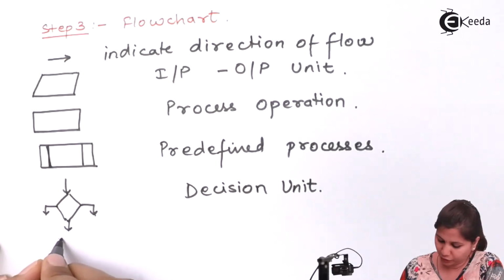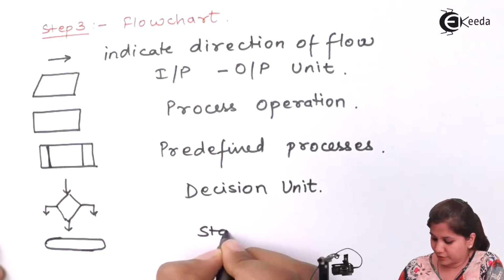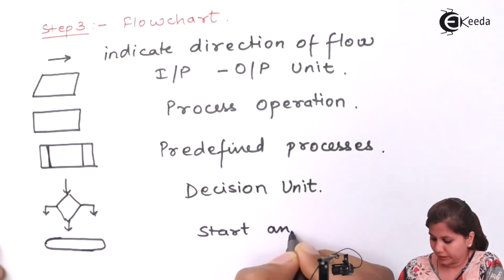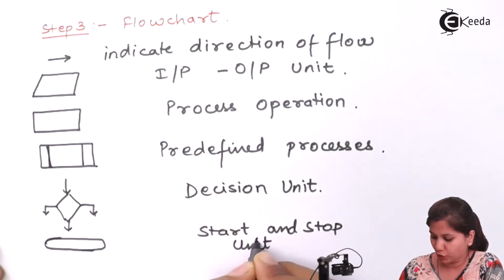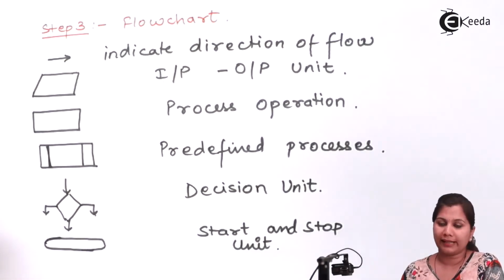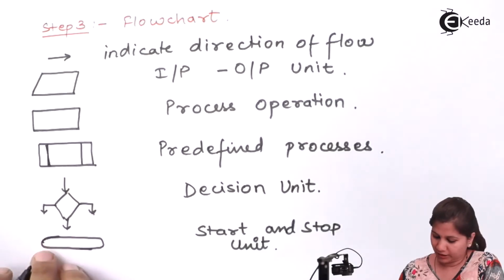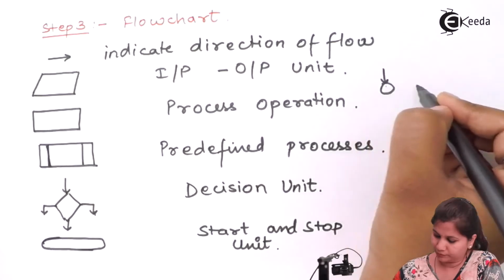Then we are having the oval. This oval is the start and stop unit. At the start and at the end of the program, we will have the start and stop unit, which indicates that from here the program is starting and at this the program has ended. Then we are having the circle with an arrow.